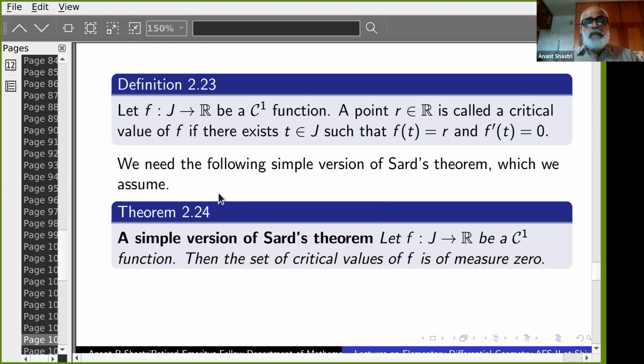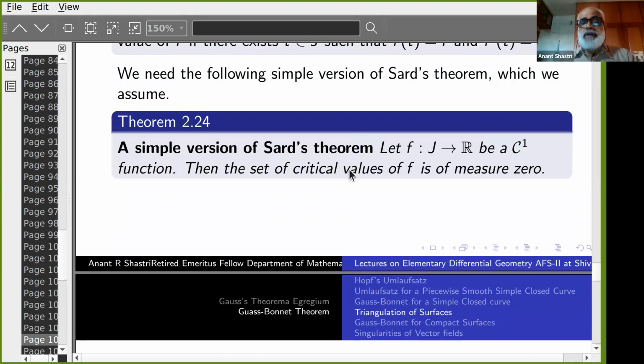Okay, we need the following simple version of Sard's theorem, which we shall not prove. We assume it. In fact, this is an easy consequence of Taylor's expansion. So I will just state this easy form of Sard's theorem. Take f from J to R, which is a C1 function.